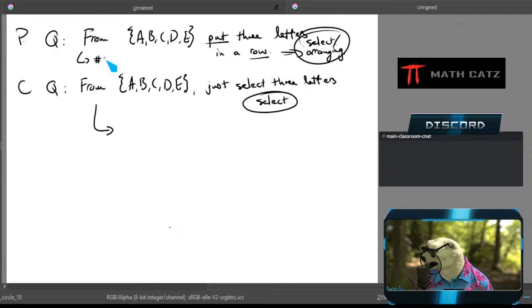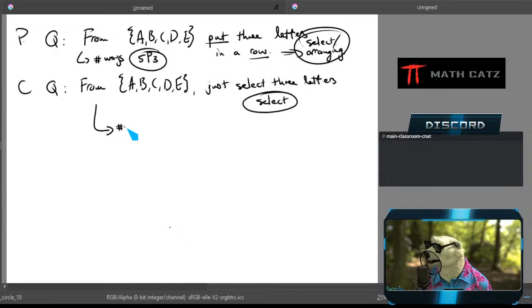I'm just going to write it like this. The permutation question, the number of ways to do this, putting three things in a row, is 5P3 originally. Right? That's the answer. It has a formula, but until I worry about calculating it, 5P3 is totally fine.